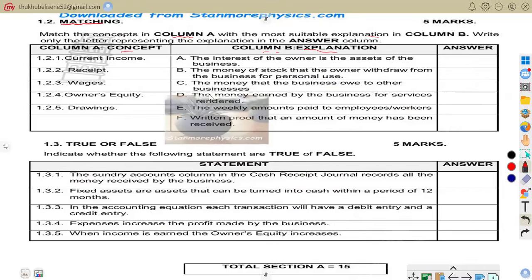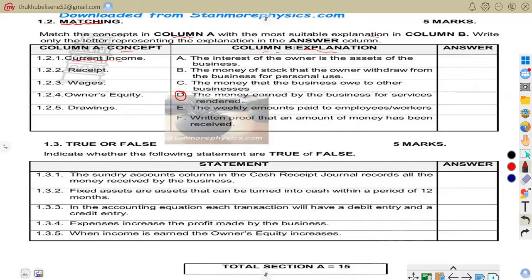So let us start with 1.21, current income. Now we're going to look at the explanation that matches this concept, current income. Let us go through them: this is A, this is B, this is C, this is D, this is E, and this is F. So the correct answer there is D for current income.